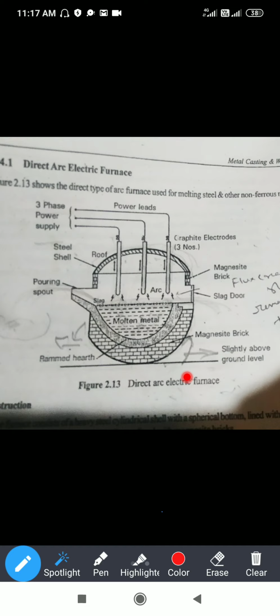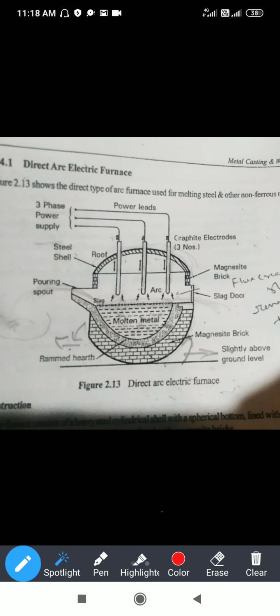Once the current starts to flow, the electrons at the end of the electrodes are stopped and resist there, collide with each other, and generate heat by means of an arc.